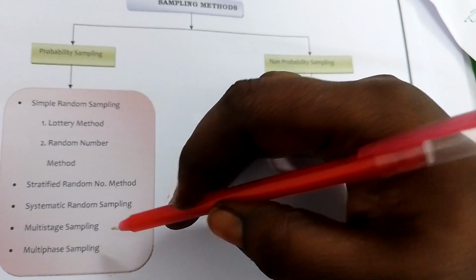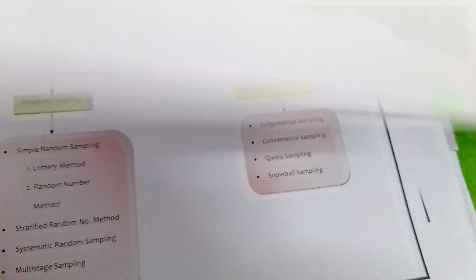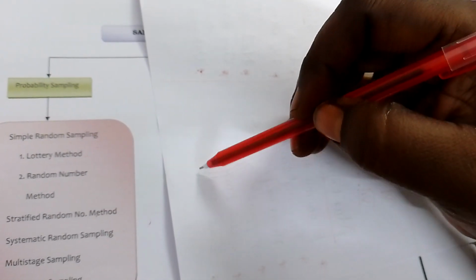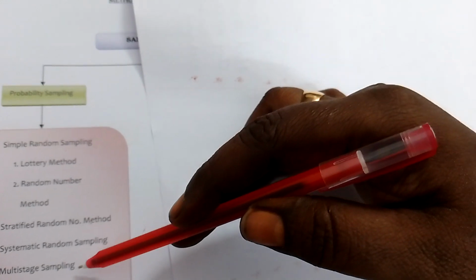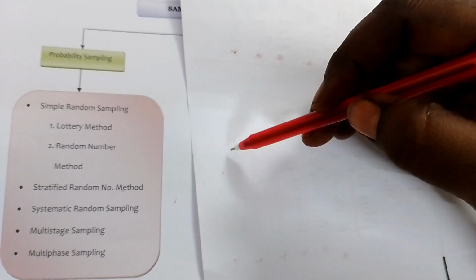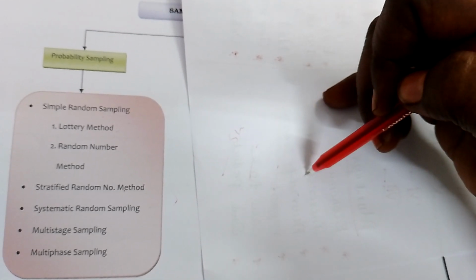Then multi-stage sampling. Multi-stage is like cancer, where I can categorize into stage 1, stage 2, stage 3 and stage 4.